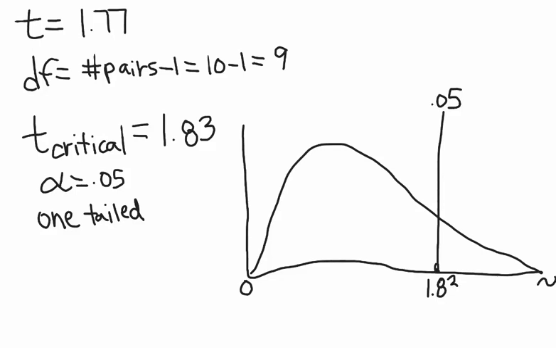If my calculated value is equal to or greater than my critical value, I'm going to reject the null hypothesis. If my calculated value is less than my critical value, I'm going to fail to reject my null hypothesis.